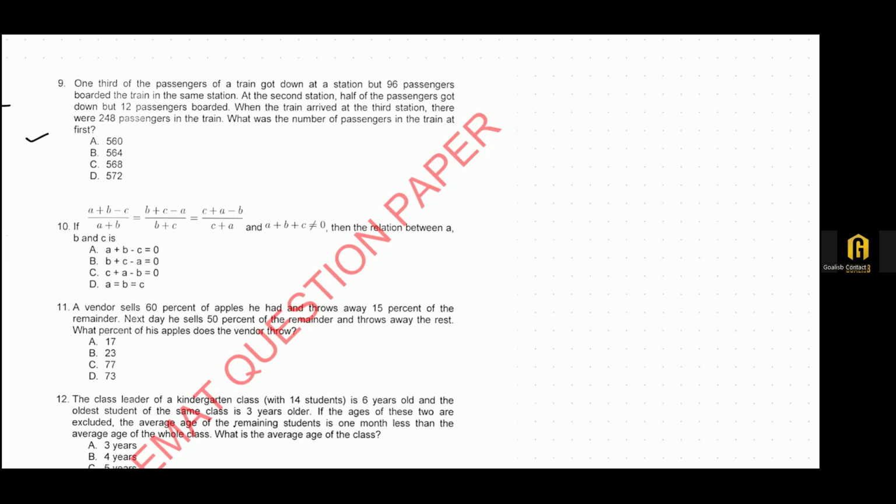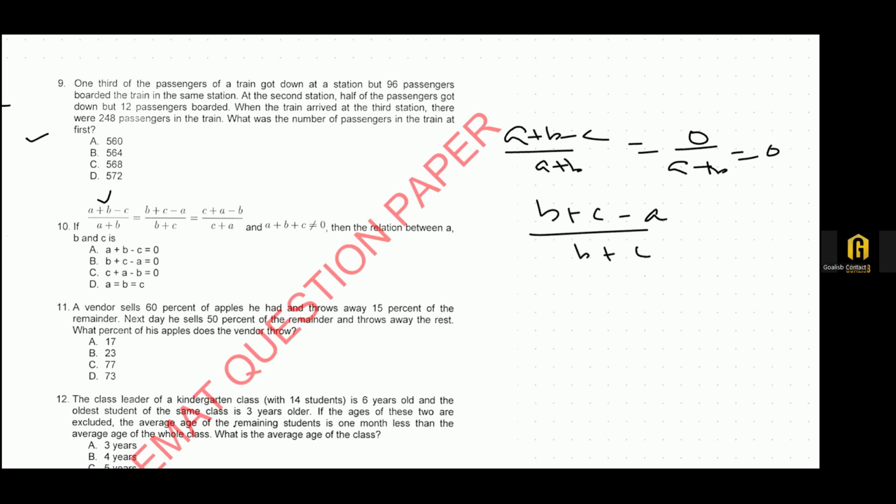(a plus b minus c) upon (a plus b). If we assume that the first choice is correct, then a plus b minus c is given as 0. So it will be 0 upon a plus b, which will be equal to 0. The first part will become 0. Let's see if the second part becomes 0. (b plus c minus a) upon (b plus c). So a plus b minus c is equal to 0. We don't have a plus b plus c here.